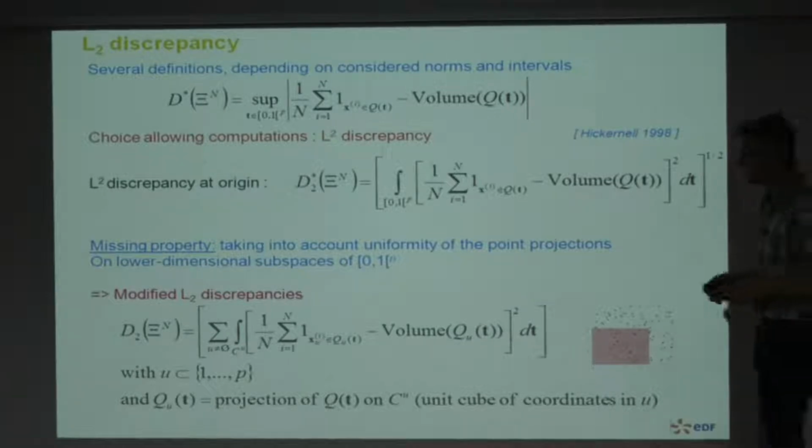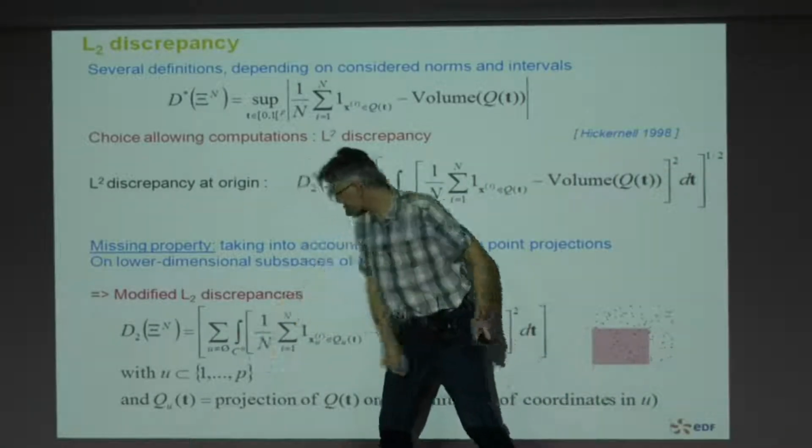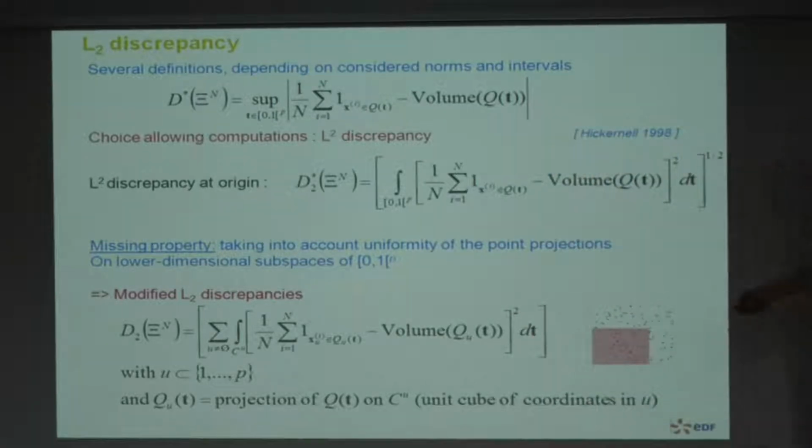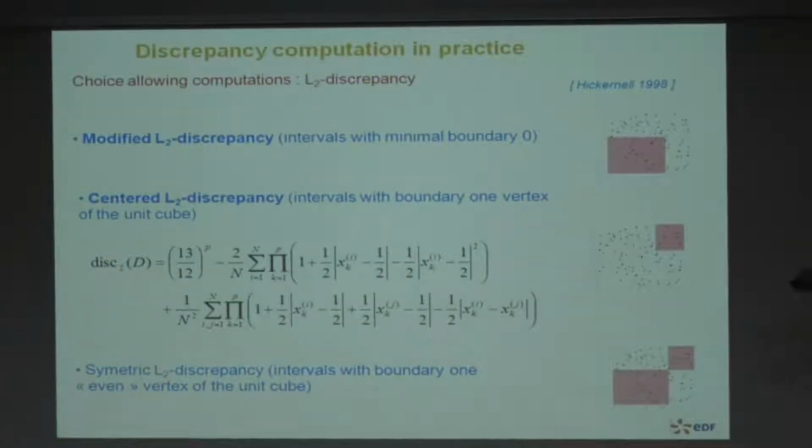So in this case, you see, I add a term where I sum all the discrepancies on all the subspaces of dimension p minus 1, p minus 2, etc. I don't develop this aspect, but this is called the modified L2 discrepancy, and this kind of discrepancy is very, very interesting. This is what we use when you create the centered L2 discrepancy.